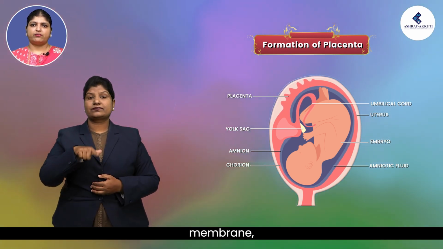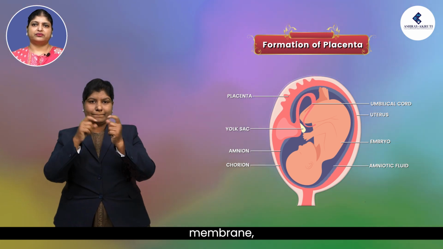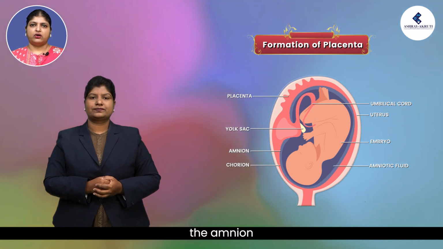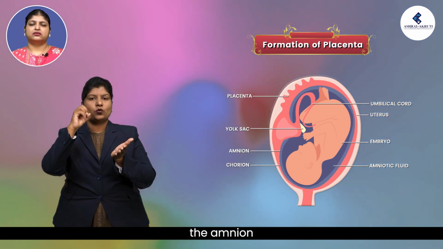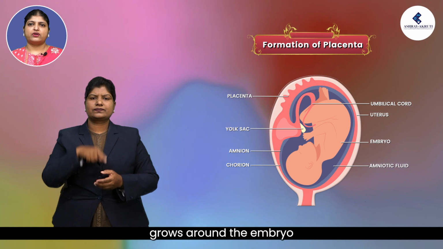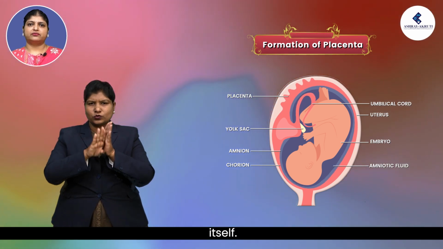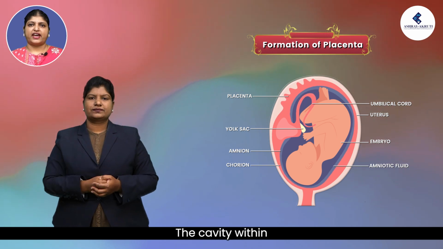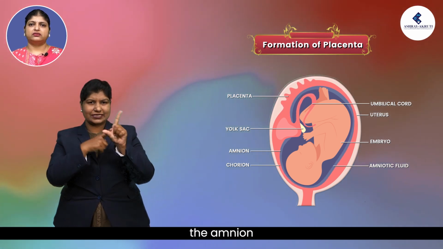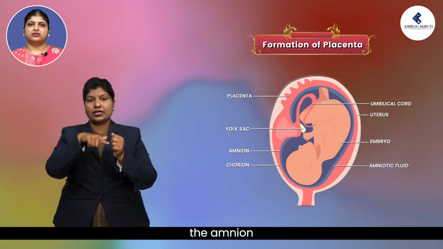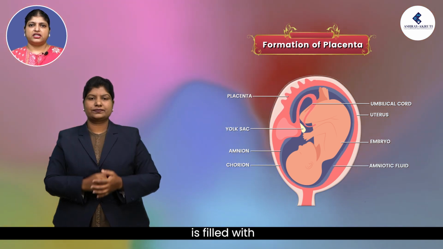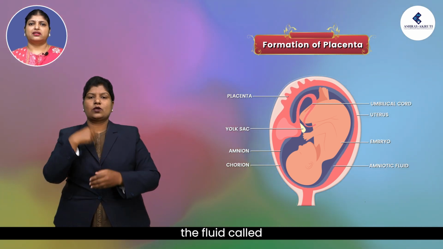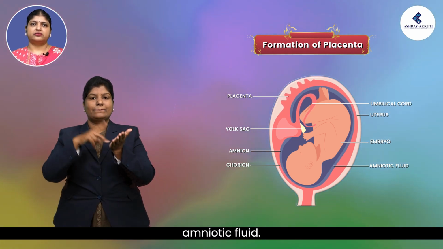Another embryonic membrane, the amnion, grows around the embryo itself. The cavity within the amnion is filled with the fluid called amniotic fluid.